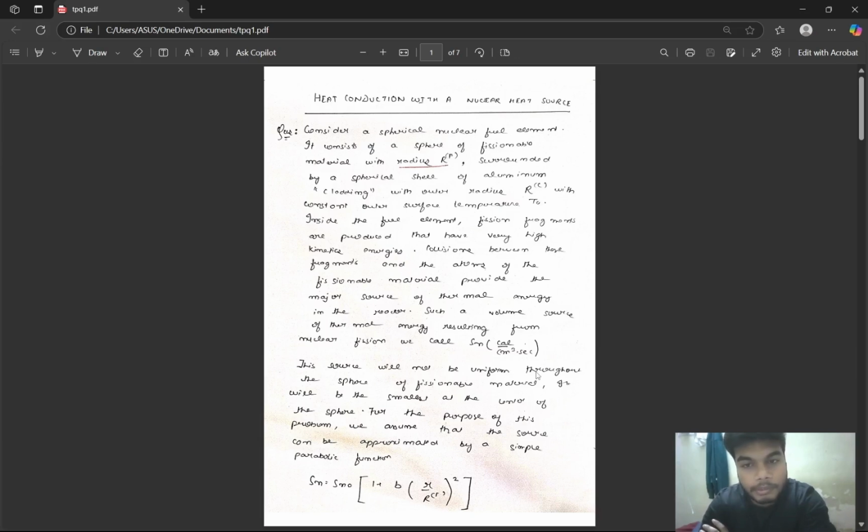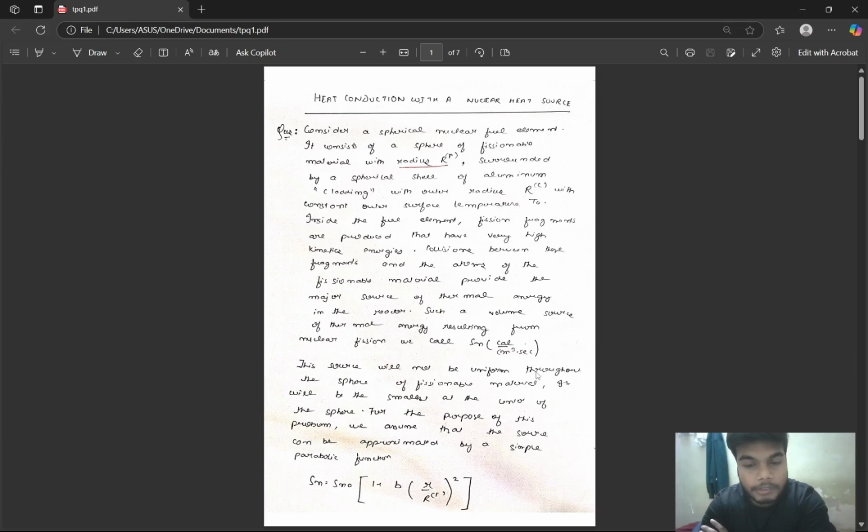Inside the fuel element, fission fragments are produced that have very high kinetic energies. Collisions between these fragments and the atoms of the fissionable material provide the major source of thermal energy in the reactor. Such a volume source of thermal energy resulting from nuclear fission we call Sn.